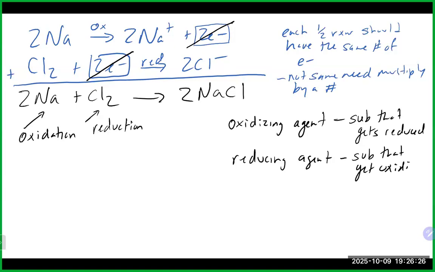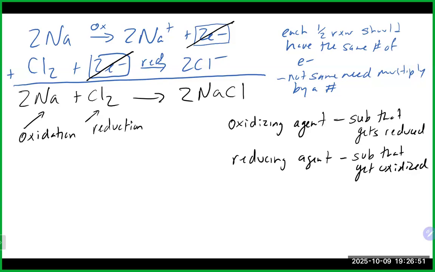So why are they called that? They are called the oxidizing agent because when it gets reduced, the only way it could get reduced is to gain electrons. And the only way it could gain electrons is to cause somebody else to lose electrons. So it is causing somebody else to lose electrons. It is known as the oxidizing agent. The reducing agent is the one that gets oxidized.